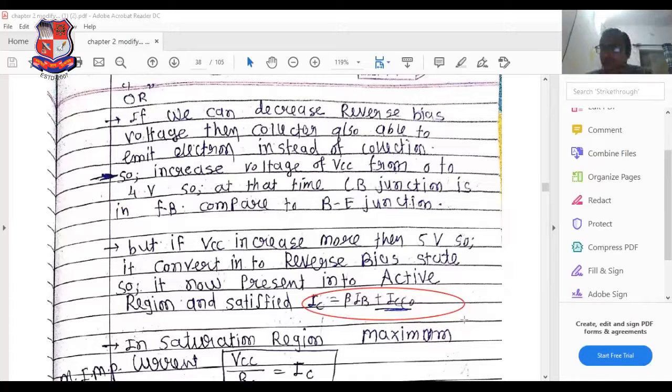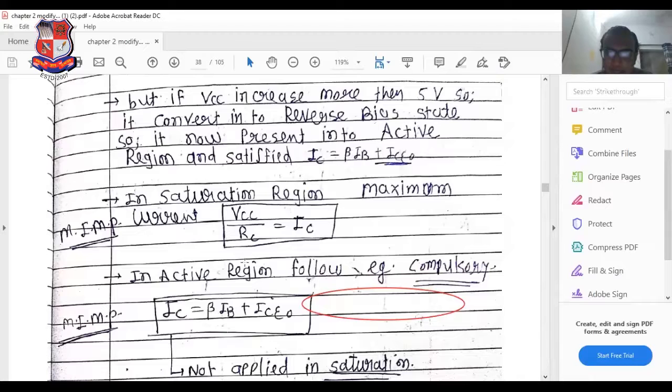Assume that VBB equal to 5 volt, VCC equal to 3 volt. Now if you increase the VCC from 3 to 10 volt, at that time the saturation region must be converted into the active region. Why? Because the voltage is increased, VCC is increased. In the saturation region, maximum current flows, which is known as VCC by RC. In the active region, IC equal to beta times IB plus ICEO.